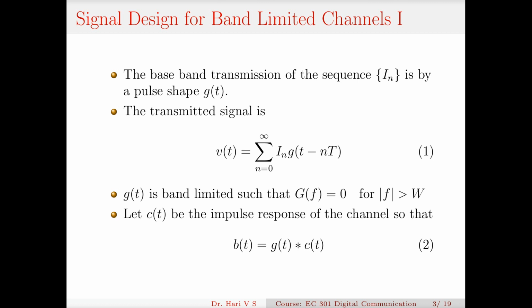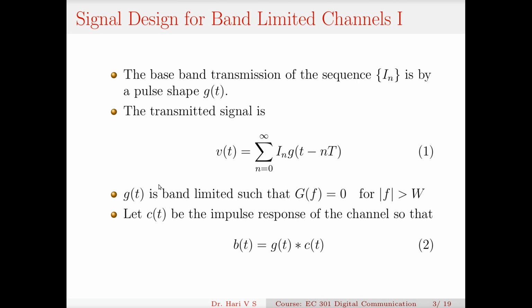Sometimes you use a Gaussian shape, sometimes you use rectangular. Anyway, some sort of pulse shape is used. Usually the amplitude of the pulse shape will be equal to individual values of my sequence I_n. So the transmitted signal looks like v(t) equal to sum over n equal to 0 to infinity of I_n g(t minus nT). So this g(t) is modulated in magnitude by the value of the sequence I_n.